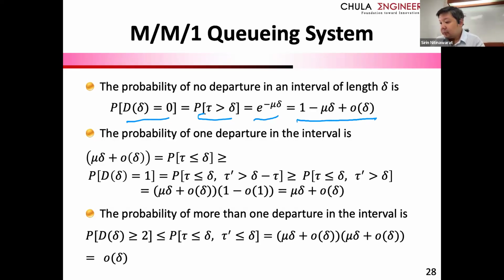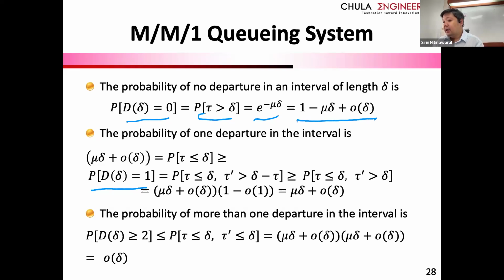What about the probability that there is one departure within the small interval of delta? You can do the same analysis here, by sandwiching the term between an upper bound and a lower bound.